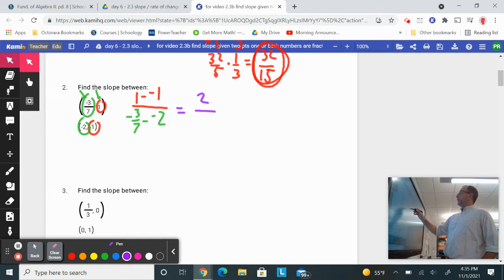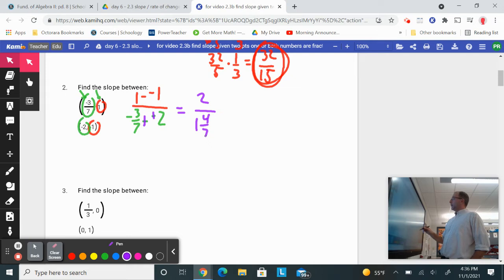Negative 3/7 minus, change that to plus. The opposite of negative 2 is positive 2. And I end up with 1 4/7. Just adding fractions. Negative 3/7 plus positive 2 is 1 4/7. Check it on the calculator.